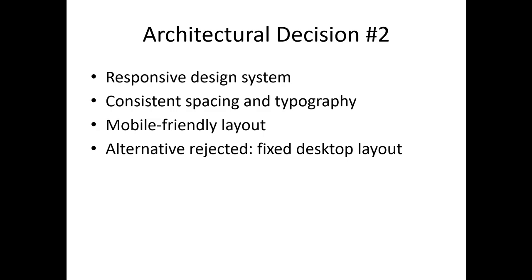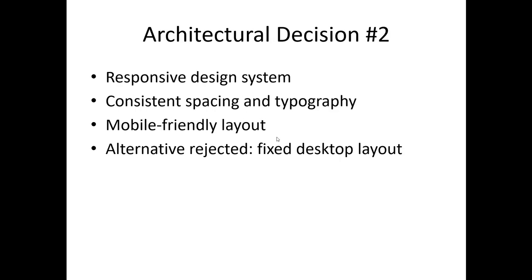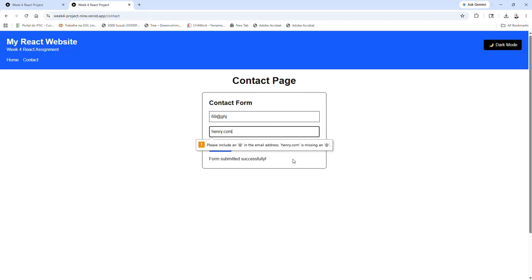I chose the responsive design system and consistent spacing and typography, mobile friendly layout, and I rejected the fixed desktop layout because I wanted to proceed with the project for mobile and desktop layout.